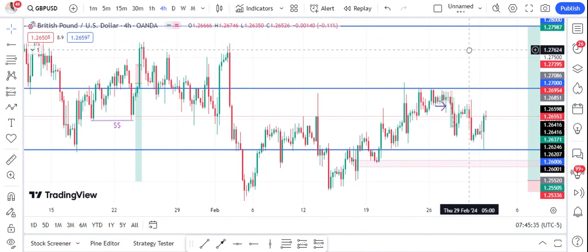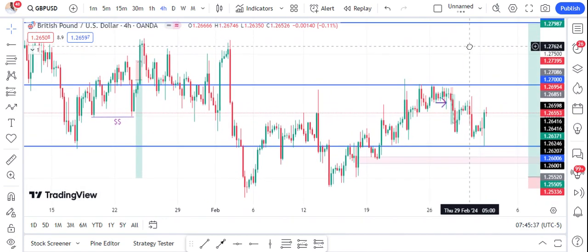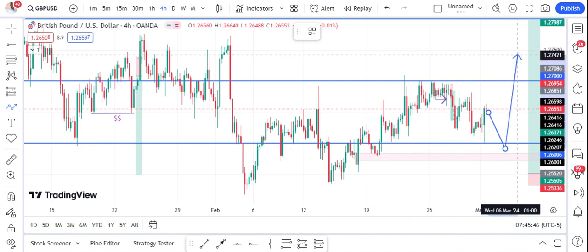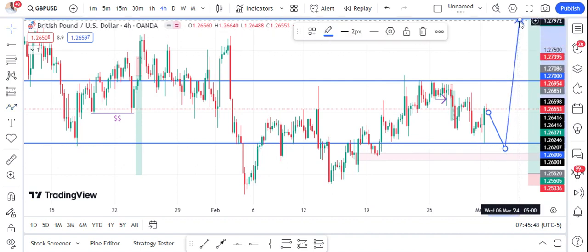That's the overall target for now, and that's where I'll be holding GBP USD to. I'm expecting something like this, and then right to the top.